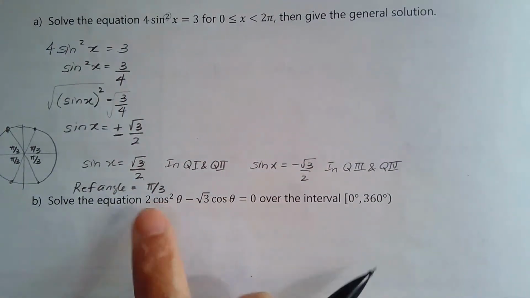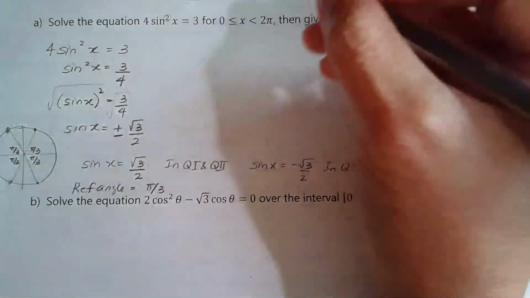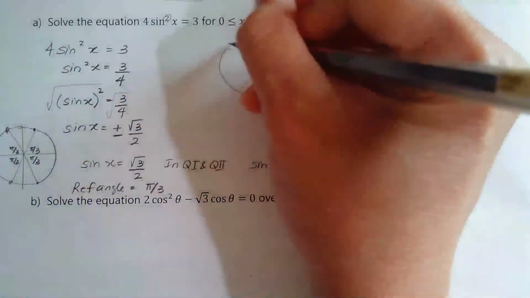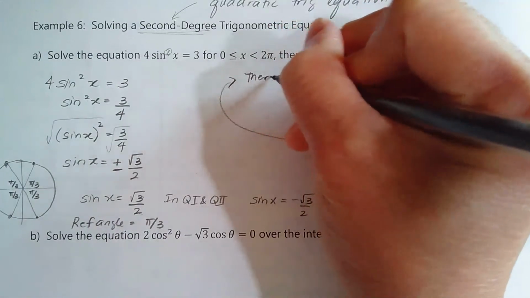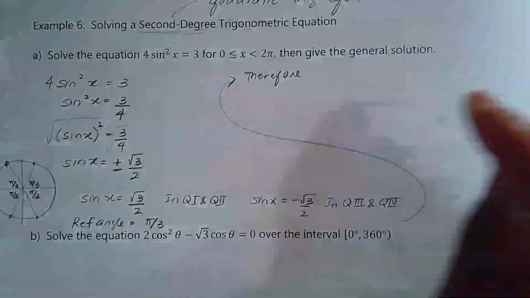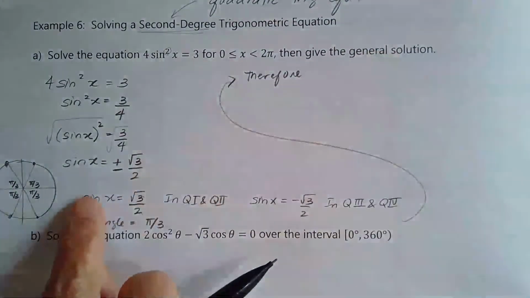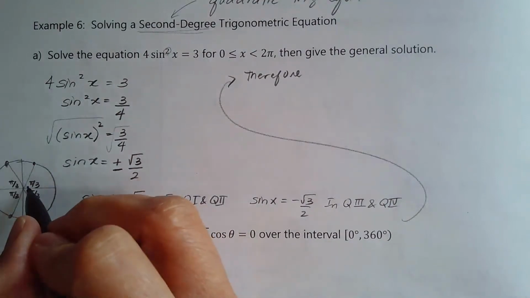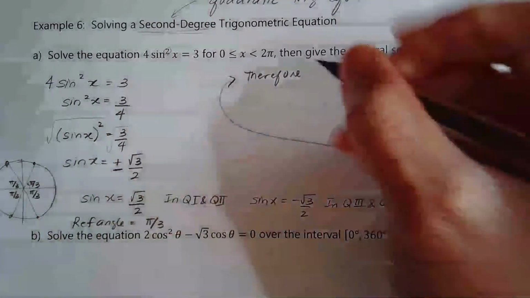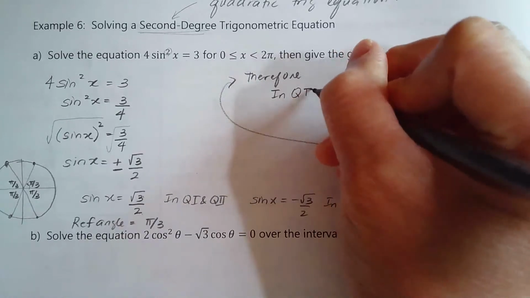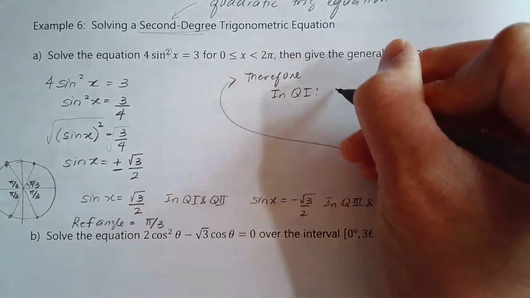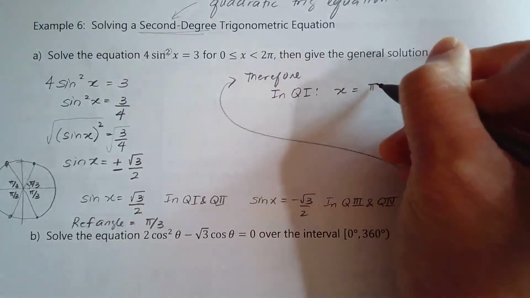Therefore, the solutions are, going by quadrants: from here to here, that's pi by 3 in quadrant 1, so x equals pi by 3.